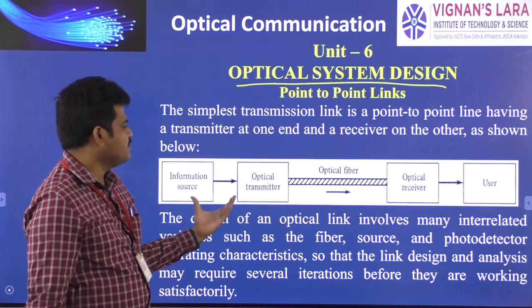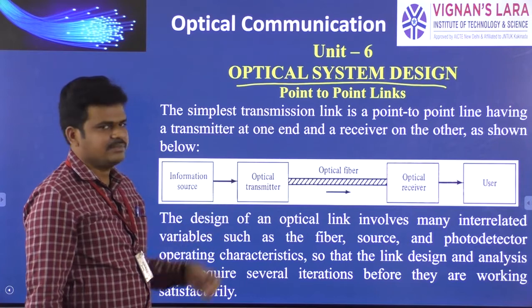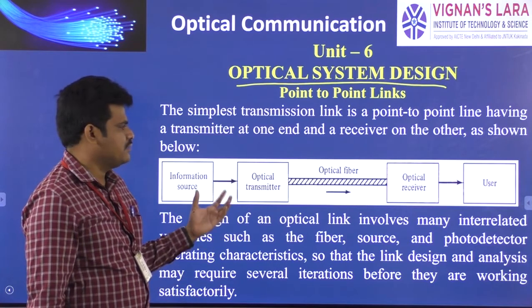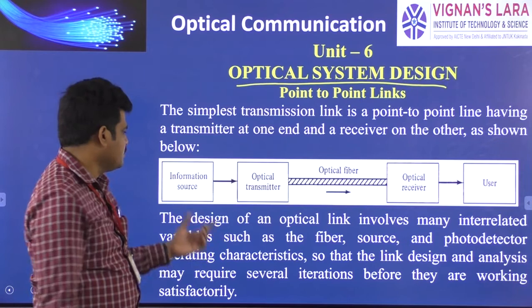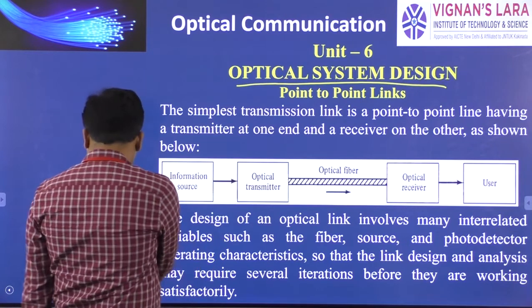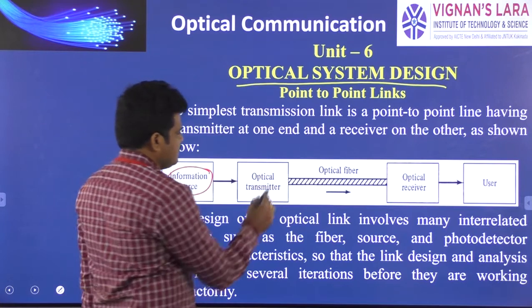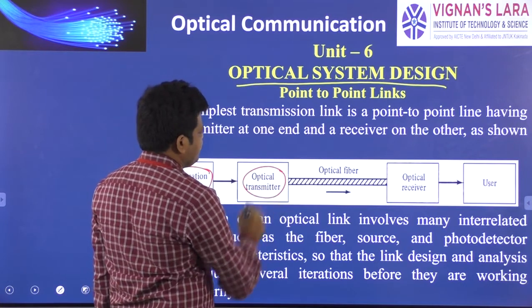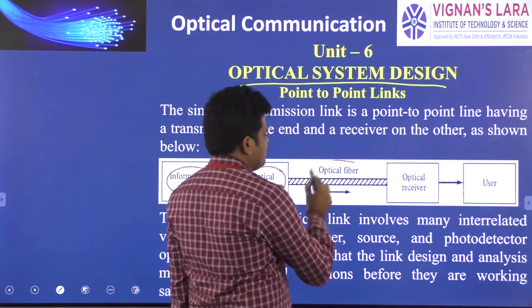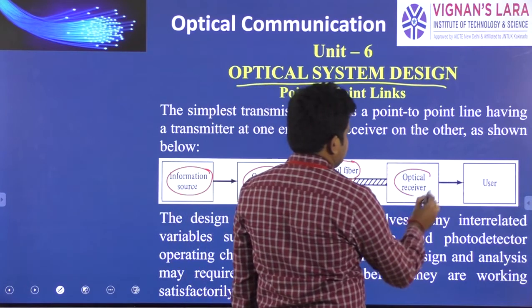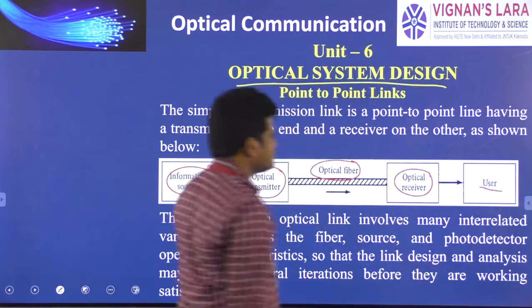The first one we already know: the optical communication system consists of some important blocks. One is the information source. The second one is the optical transmitter, optical fiber, optical receiver, and the user.